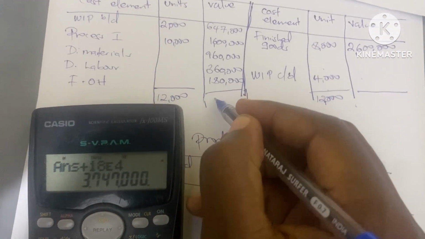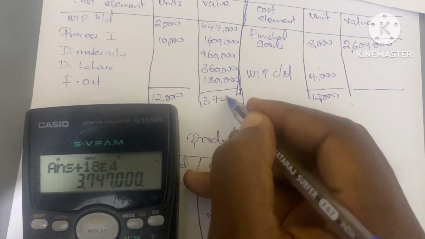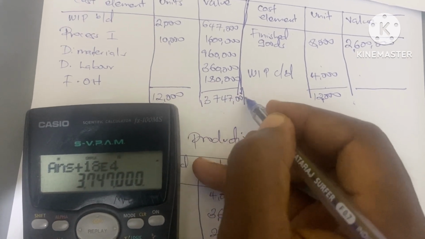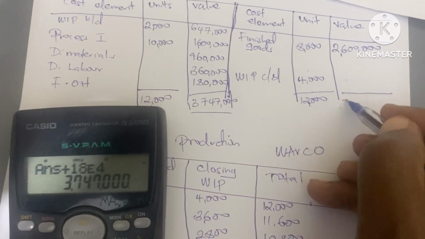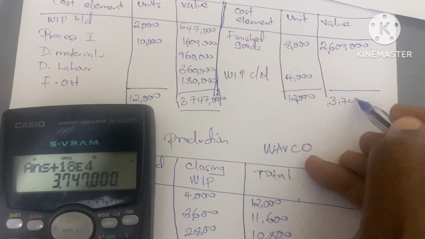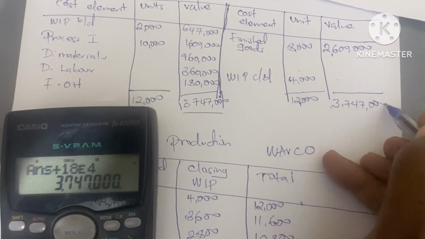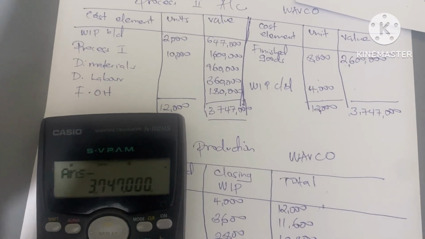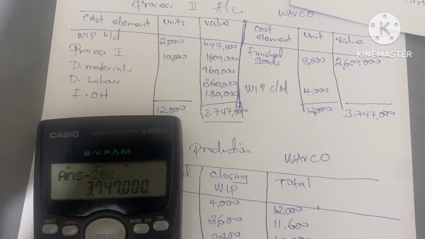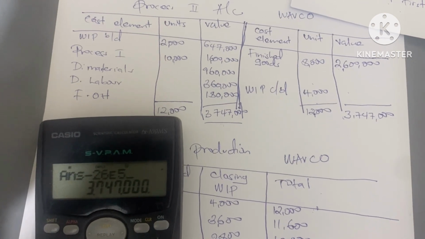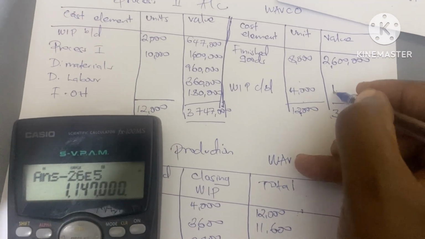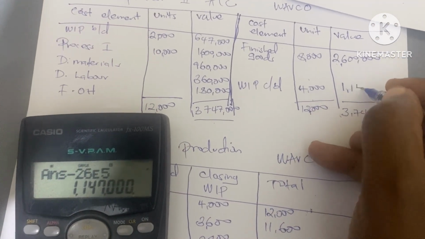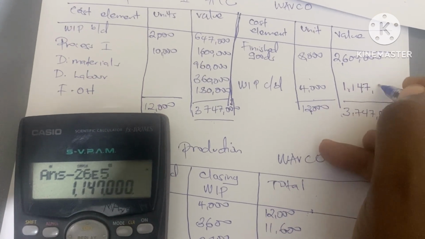So it is 374700, like that. You put the same figure here. So minus this. So minus 2.650. So what you get is the value for work in progress.